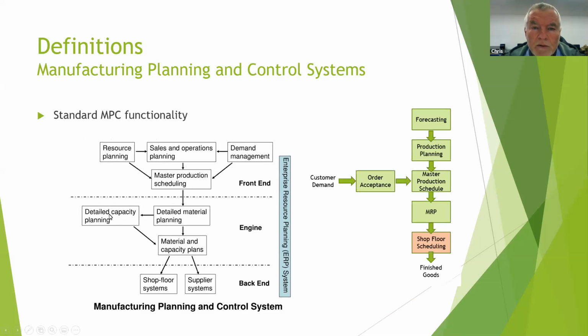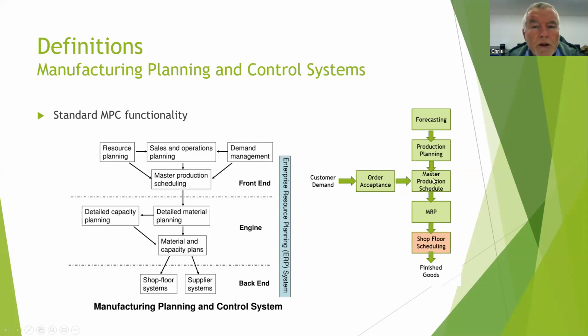And another example of the same planning flow would be forecast to production planning to master production schedule to MRP to shop floor scheduling. And then if you've got a custom order in, the custom order acceptance process would talk to the master production scheduling, master production schedule, looking at available to promise as an example of how you would decide whether or not you could meet that order.